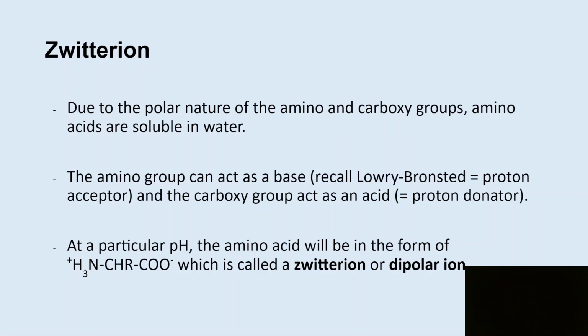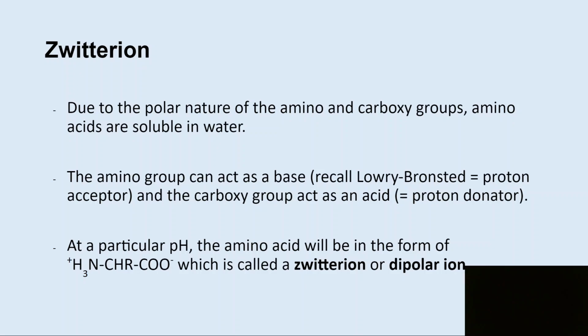So at any particular pH, the amino acid will be in this average form called the Zwitter ion, where the amino group has accepted the proton, and the acid part of the functional group has donated the proton. It's also called the dipolar ion.